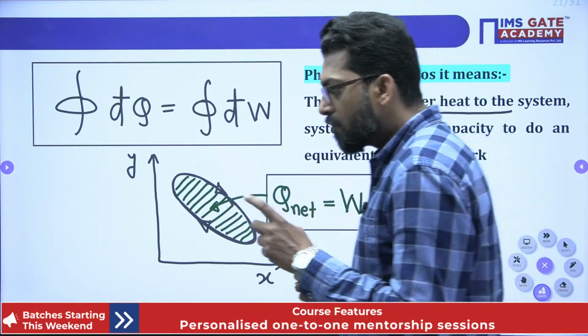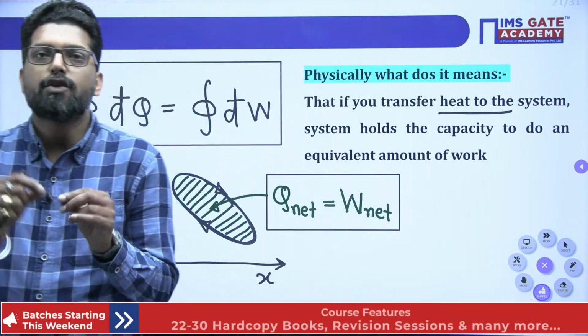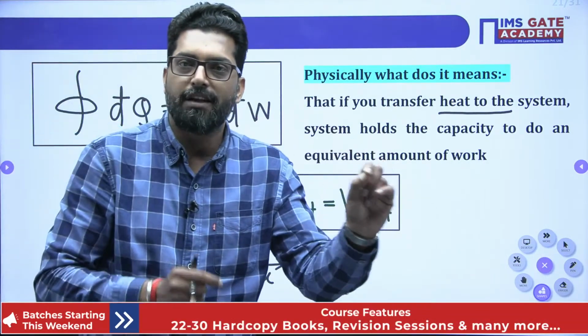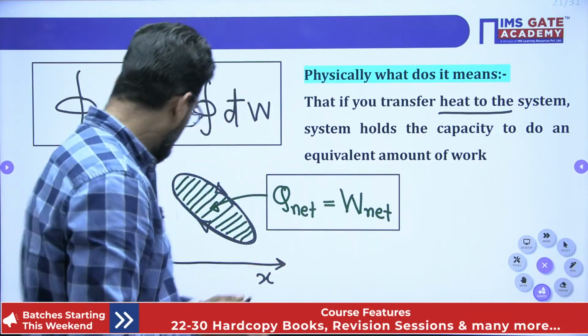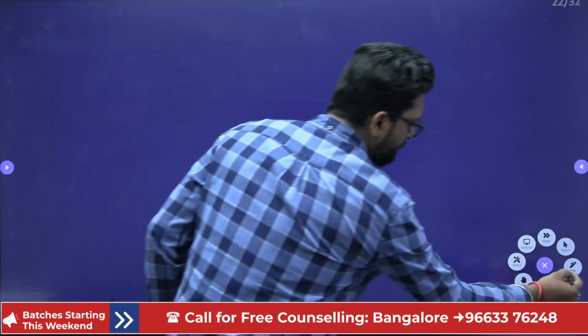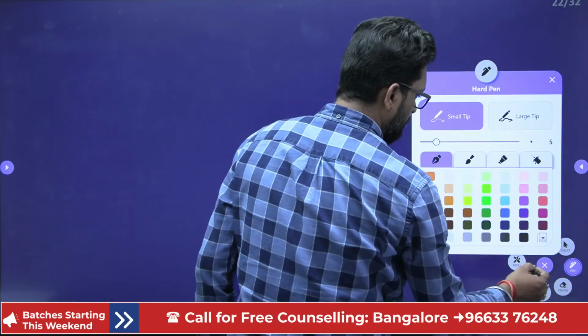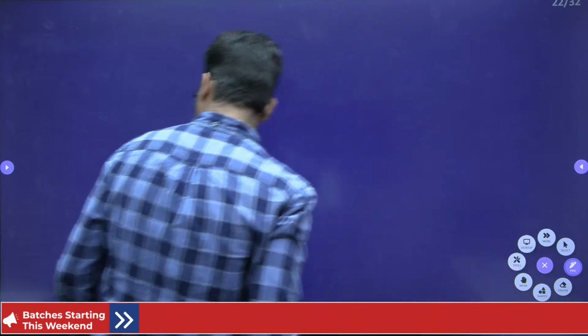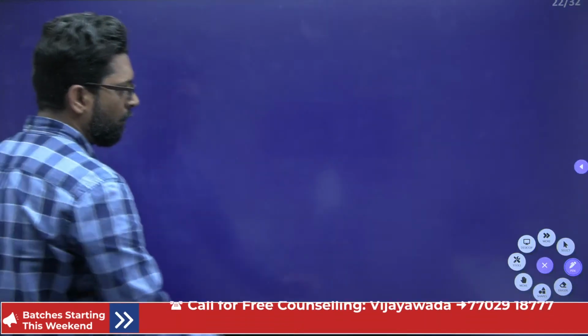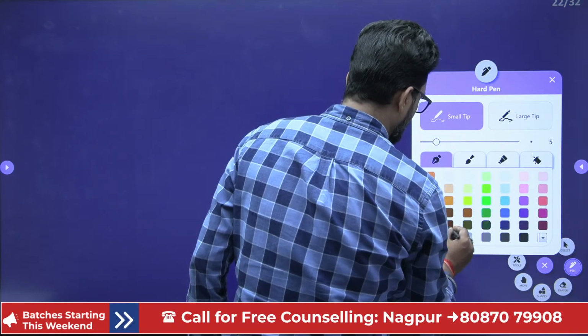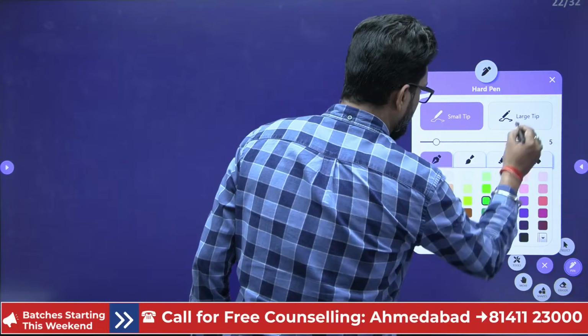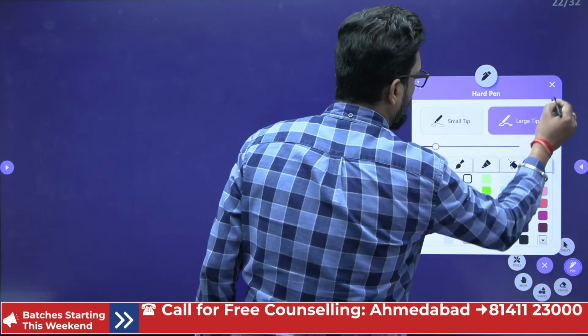Now we take a non-cyclic process, that means process 1 to 2, but the property at point 1 is not the same as the property at point 2. Okay, see this one, beta.